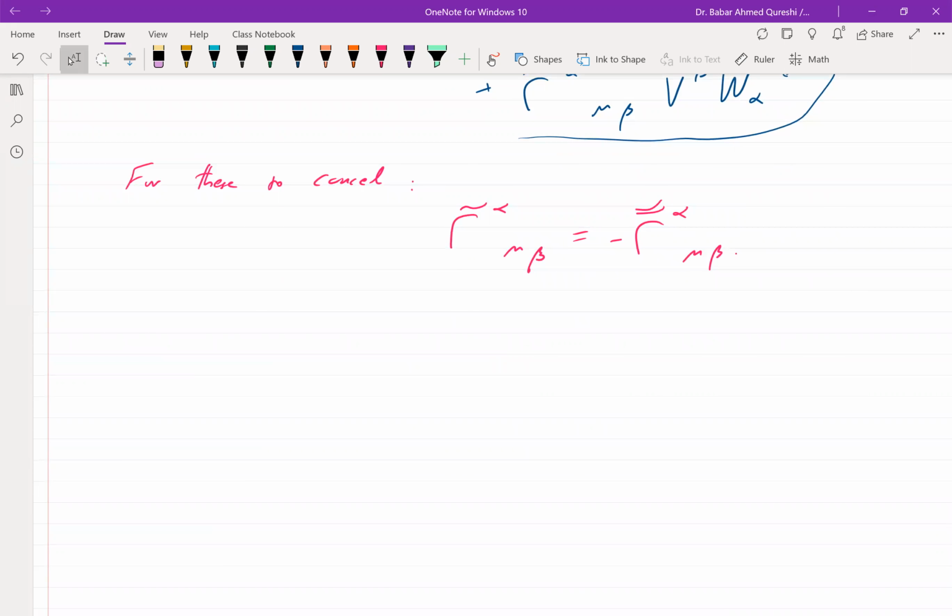So I just define this double tilde. I just demand this. I just define it this way. And this is equal to minus.